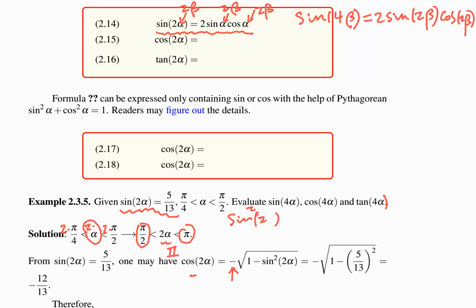Here will be sine 2 alpha squared plus cosine 2 alpha squared is 1.